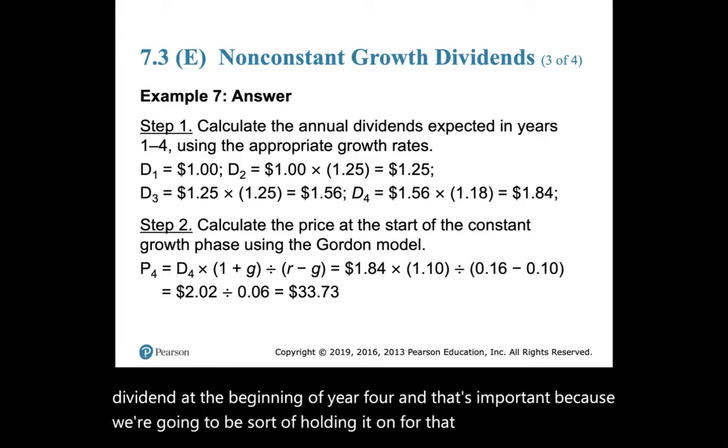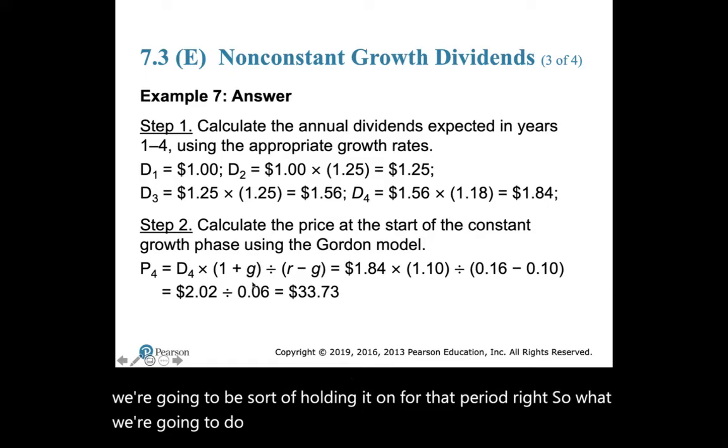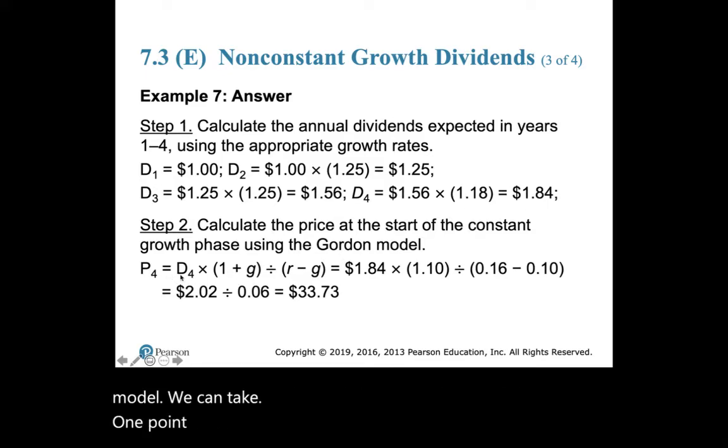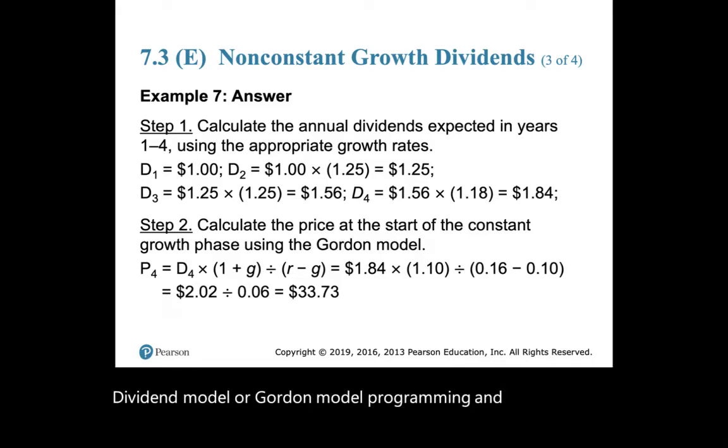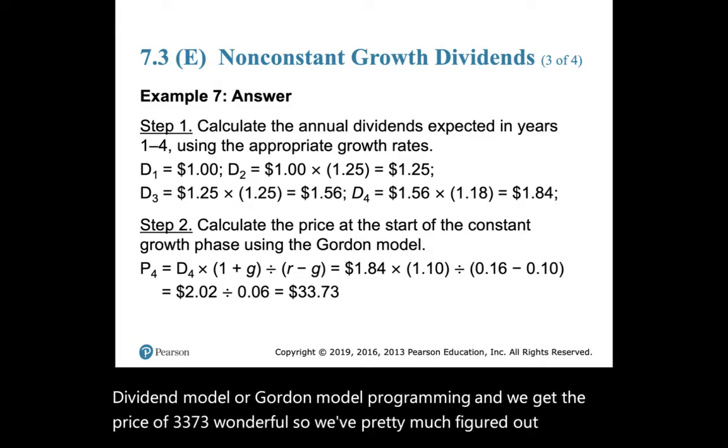So what we're going to do is use Gordon's model. We can take the 1.48 and apply that to our Gordon model, and we get the price of $33.73. Wonderful. So we've pretty much figured out the future cash flows.